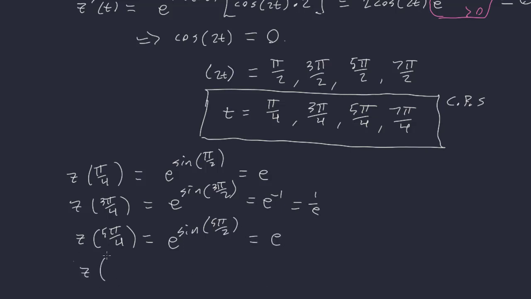And z of 7 pi over 4 is e to the sine of 7 pi over 2, which is e to the negative 1 again, or 1 over e.